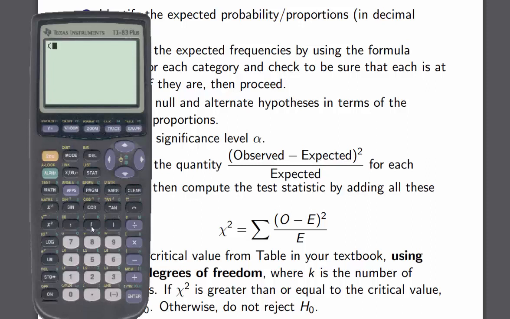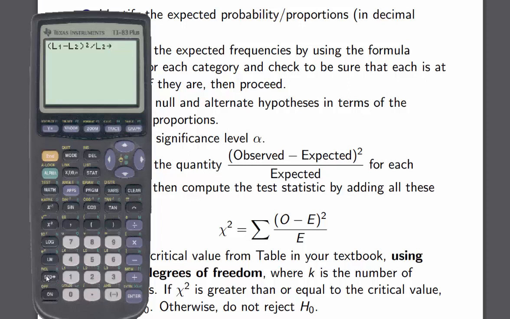So I'm going to open parentheses and say observed, which is L1, minus expected, which is L2, close the parentheses, squared, divide by expected, which is L2, and these values I'm going to store.